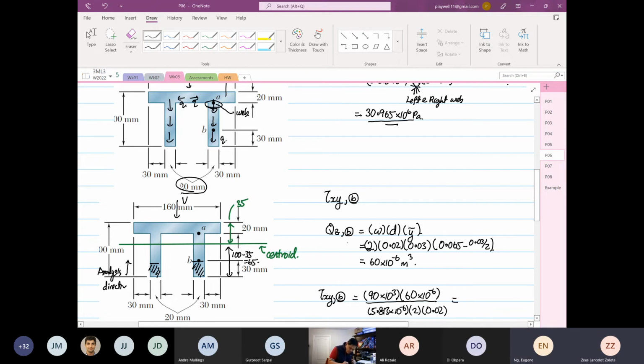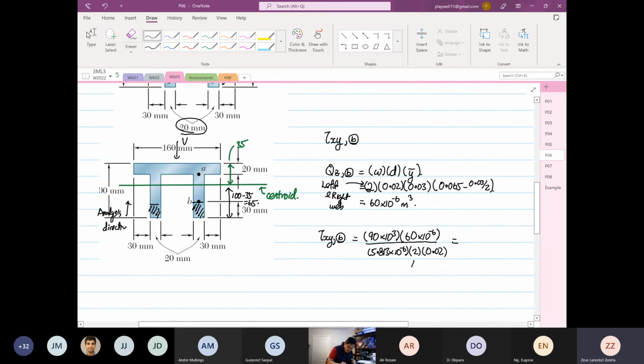So the 2 down here is also for left and right, the web areas. The 2 down here is left and right web.